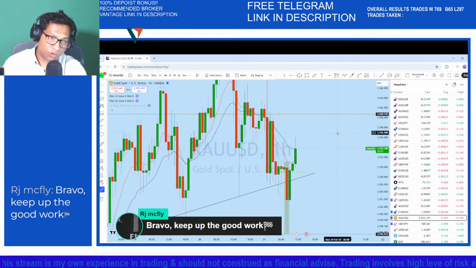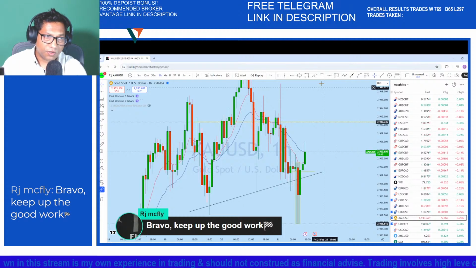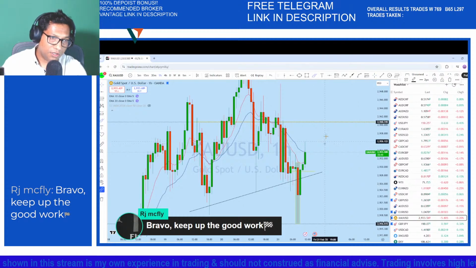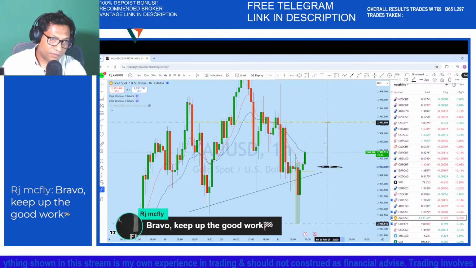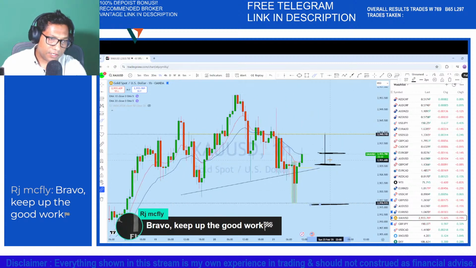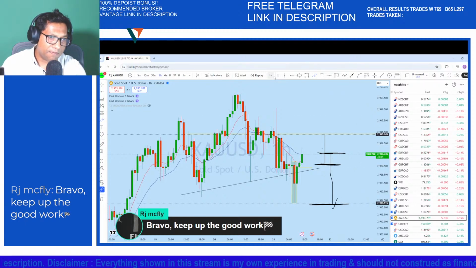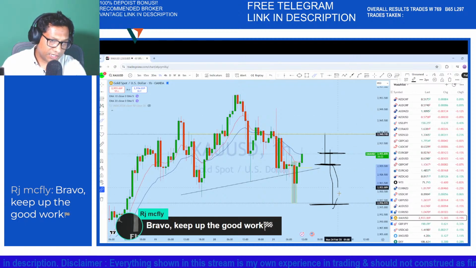For example, if a trader opens a buy trade from this level, with TP target here and stop loss here, whether it is a good trade or bad trade is determined by the probability of the market going there rather than coming here.